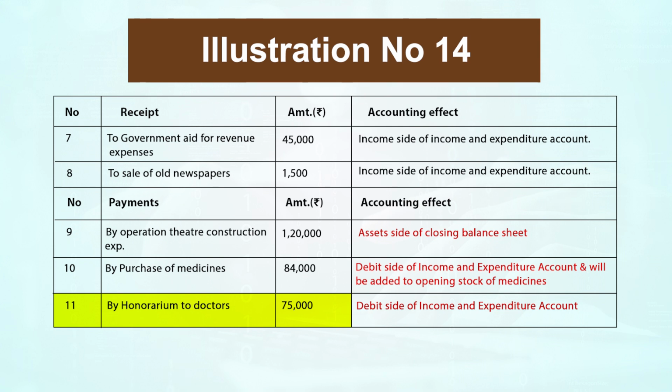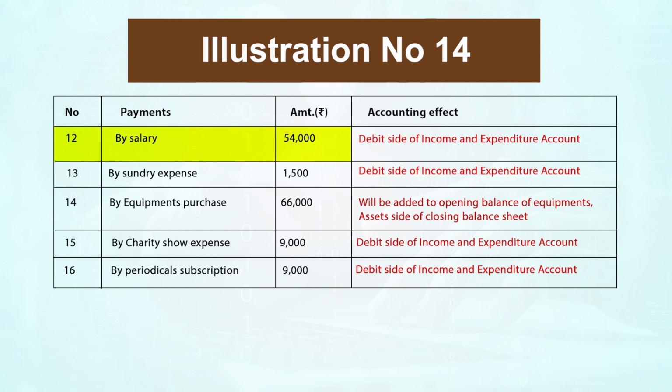Honorarium to doctor, debit side of income expenditure account. Salary, debit side of income expenditure account. Sundry expenses, same debit side of income and expenditure account. Next, equipments purchase, it will be added to opening balance of equipments, asset side of closing balance sheet.